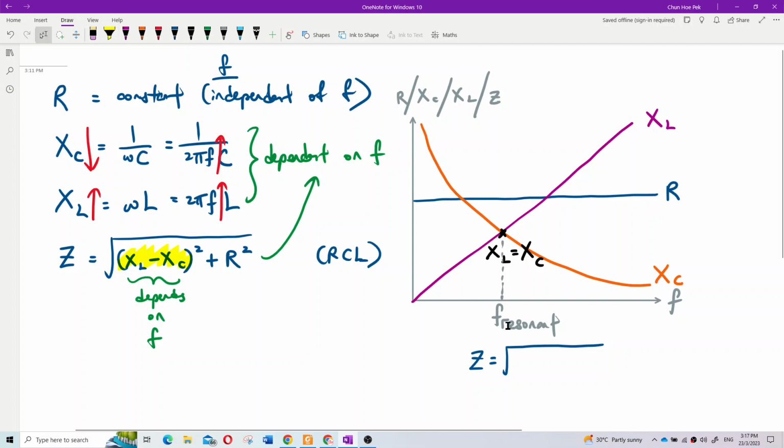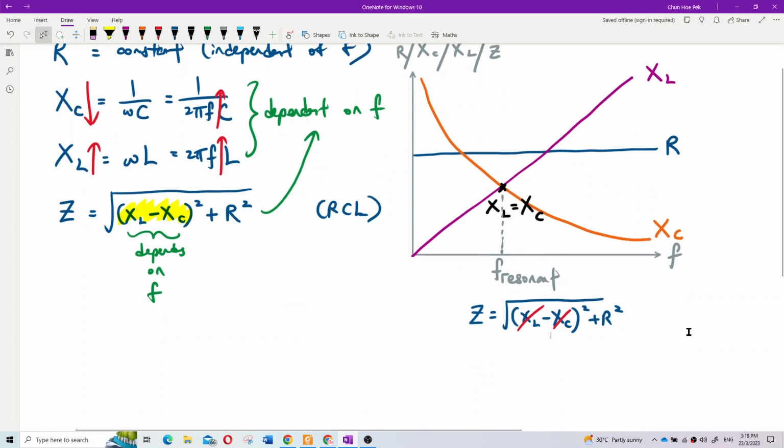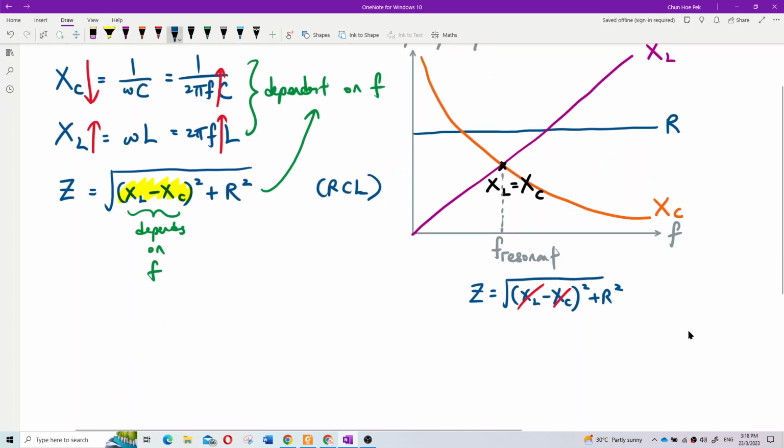When frequency equals the resonant frequency, Z equals the square root of (XL minus XC) squared plus R squared. They are equal in value, so they cancel each other. So what is left? Only the square root of R squared, which is Z equals R. Understand? So the impedance is equal to R.